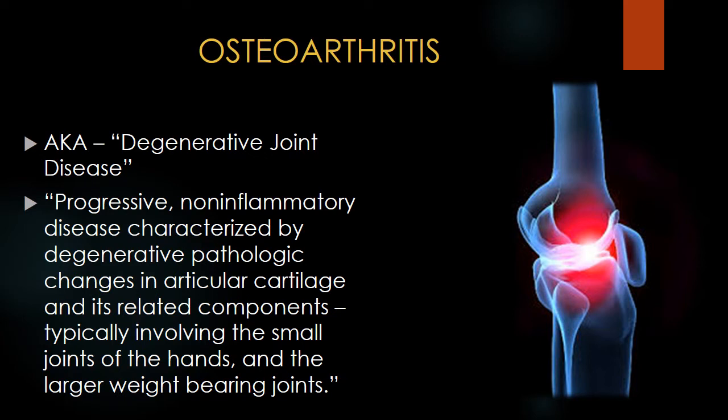Okay, so osteoarthritis. This is a definition that comes out of Yochum and Rowe, Essentials of Skeletal Radiology. They define osteoarthritis as a progressive, non-inflammatory disease, and let's just stop right there. Many scholars and researchers believe that the term osteoarthritis is outdated and a misnomer because the suffix itis suggests inflammation, correct?